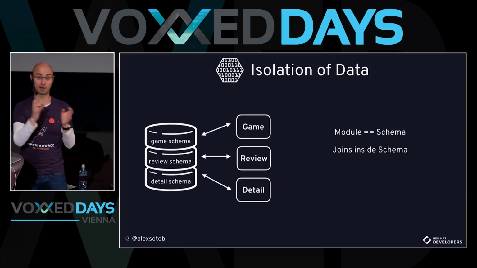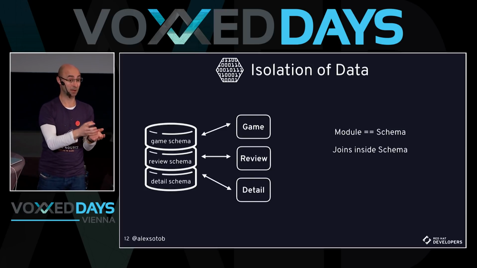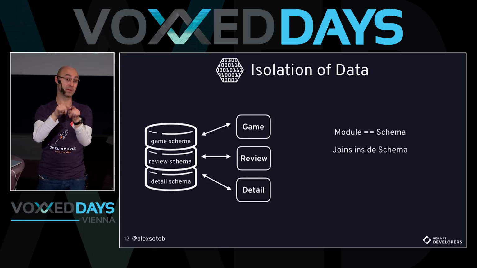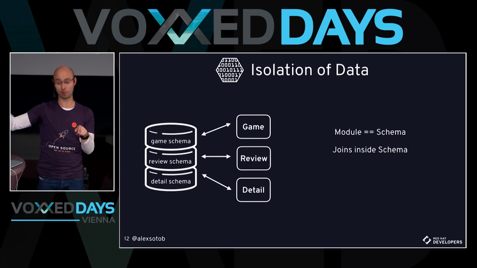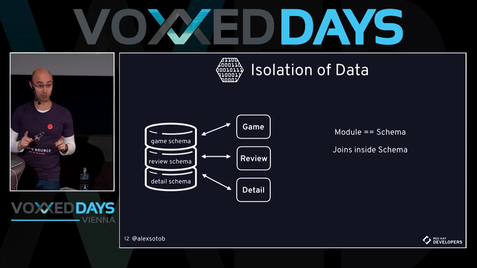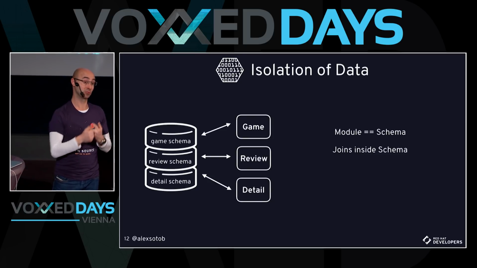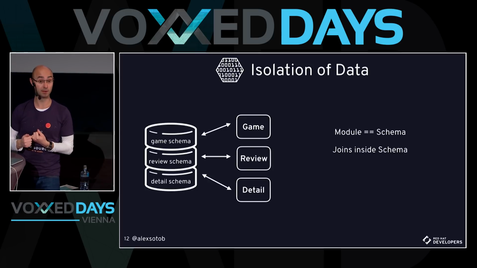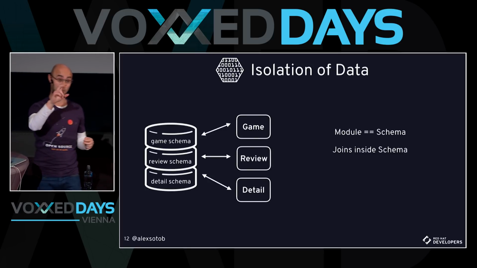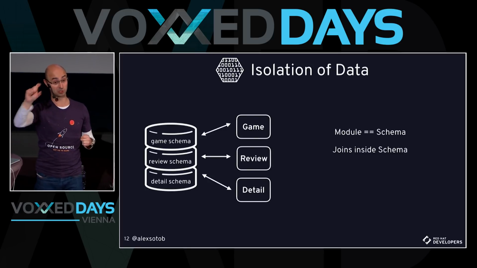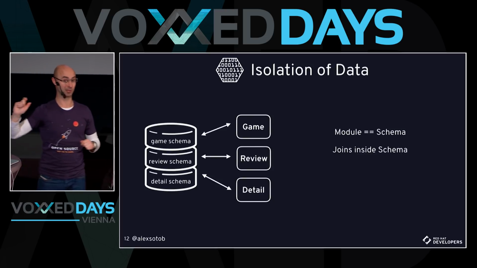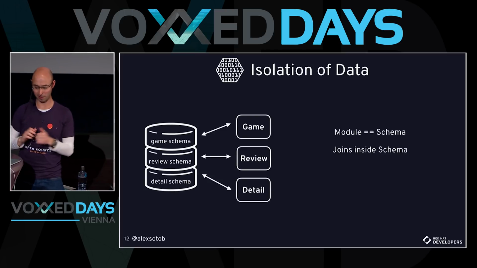So if you have a game with several tables inside this schema, you do the joins between these tables, but not joins with tables of another schema. And this is important. This means that in the code review you need to pay attention, and also take care of JPA and lazy collections, because maybe in the JPA model you put there a class from another module, and then when you do the get, you're doing a join. So take care about this.